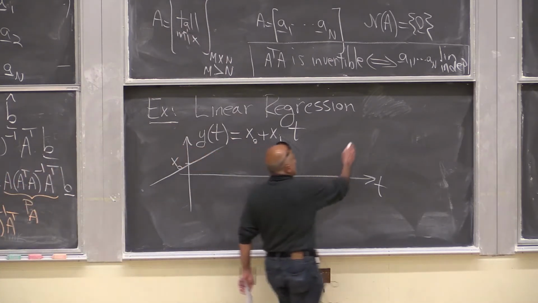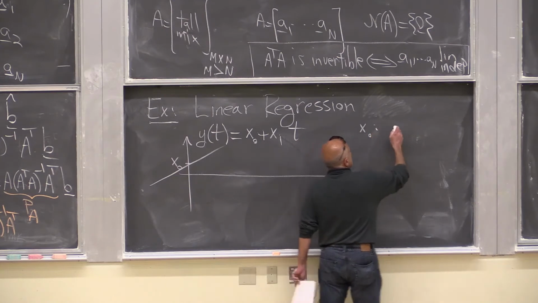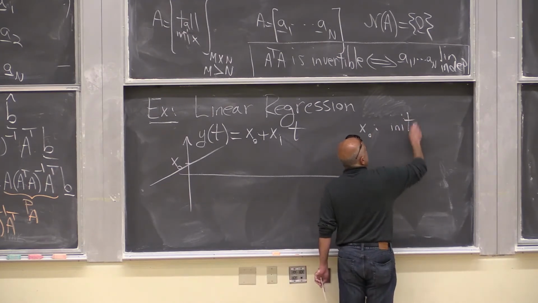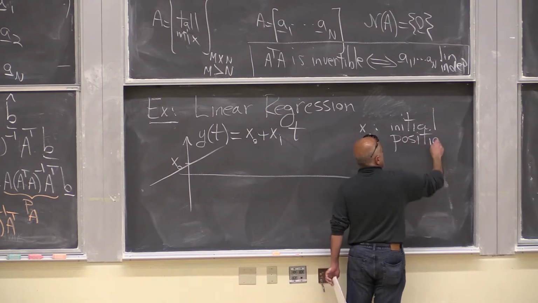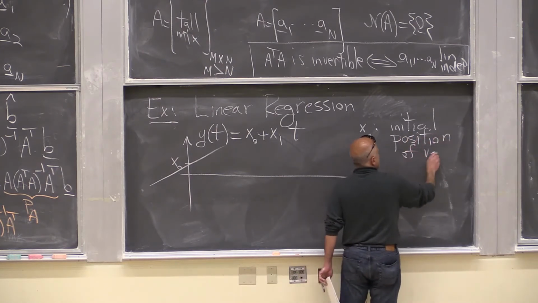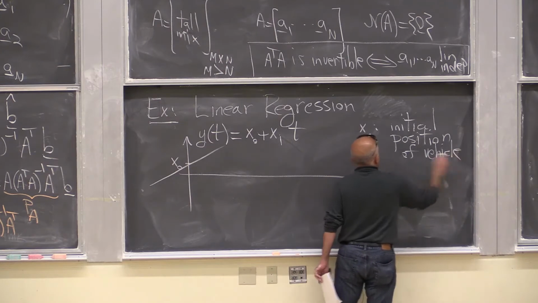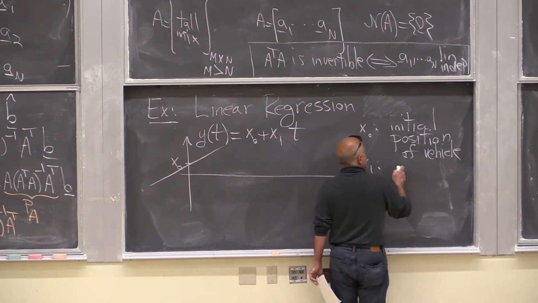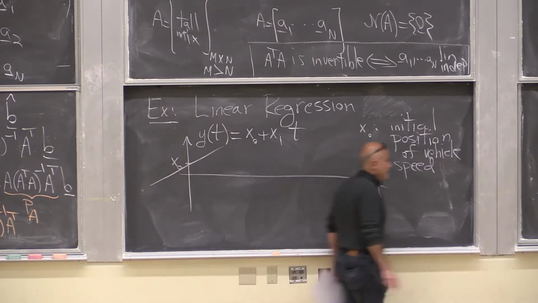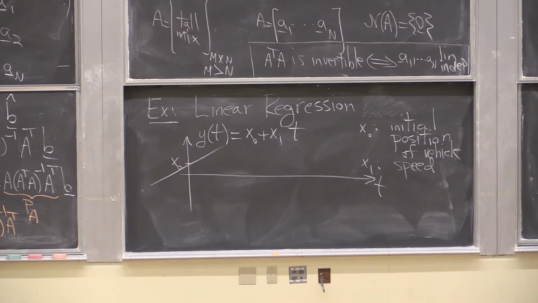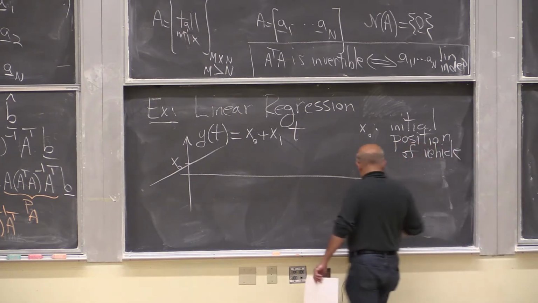So x0 is the initial position of the vehicle, and x1 is its speed. I should say velocity because it could be negative.